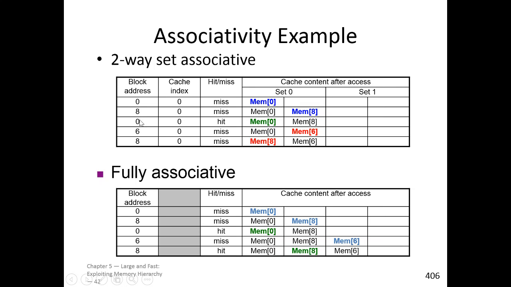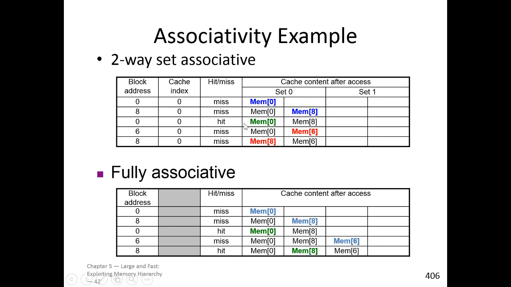Now again, recency, so temporal locality, we're trying to access block address 0 again. It maps to set 0. Guess what? It's still there, in memory 0, so it's a hit. Now we try to access 6. Block 6, the cache index is set 0. Well, bummer. Set 0 is already full.